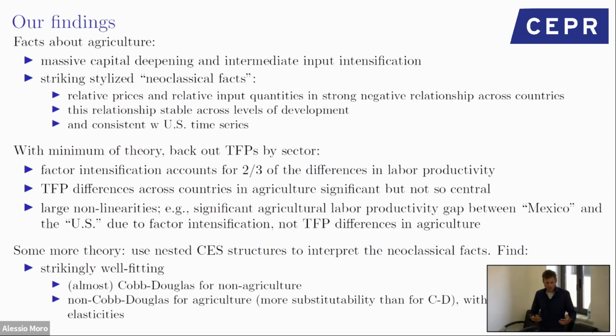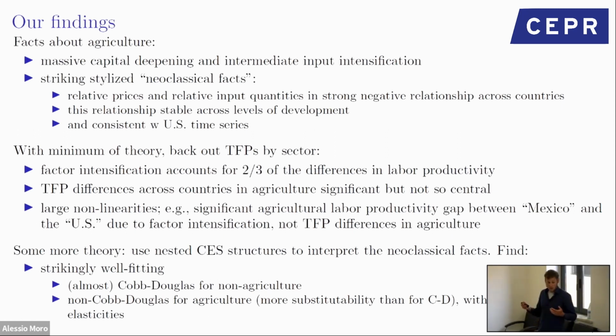And systematically you see in those countries where relative factor prices are low, they also use this factor more intensively. So in the case of agriculture, in the poorest countries, they use labor-intensive production. So those neoclassical predictions, at least qualitatively, really stand out.